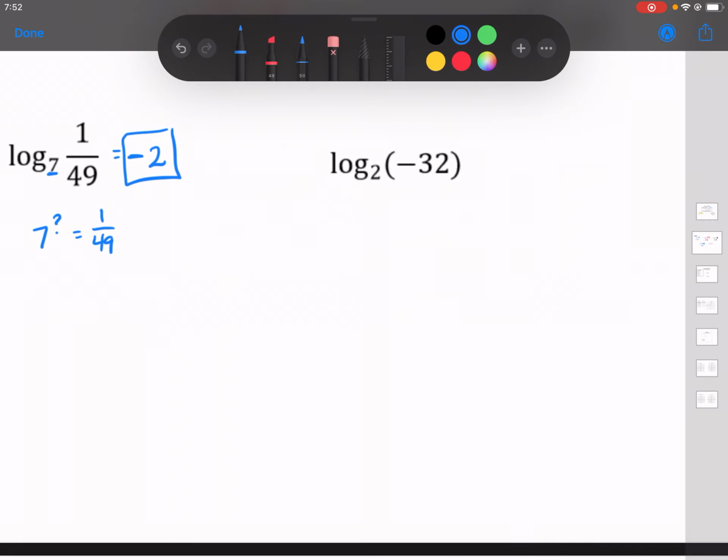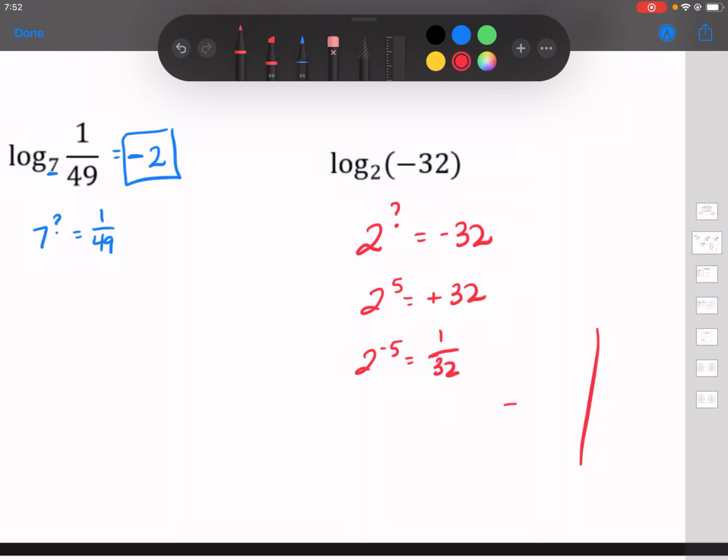Last one that you're going to ask yourself is 2 to what power is negative 32? Now, if you think about this one, 2 to the positive 5 gives you a positive 32. 2 to the negative 5th power gives you 1 over 32.